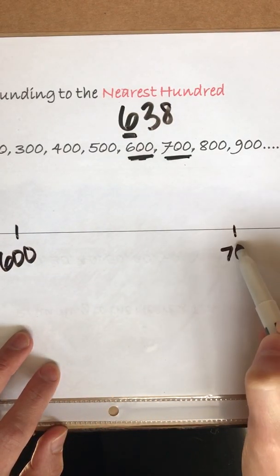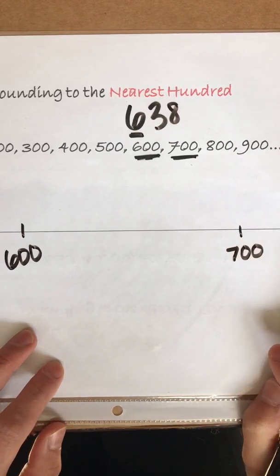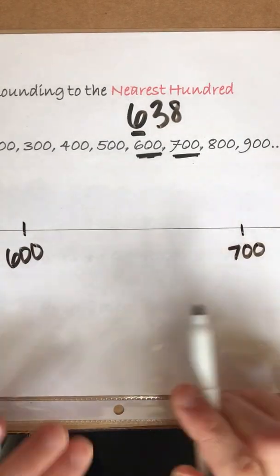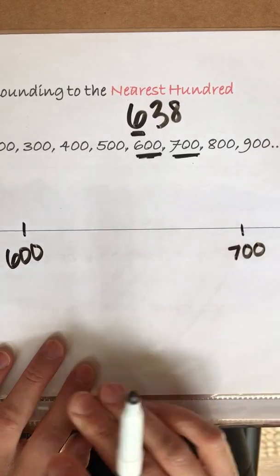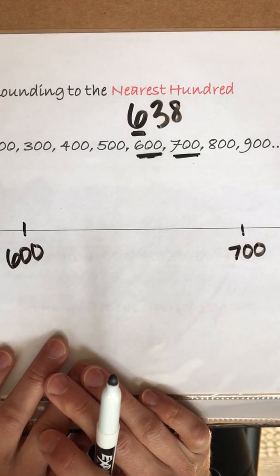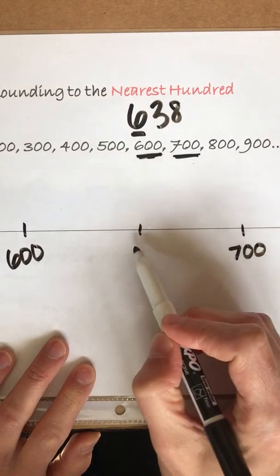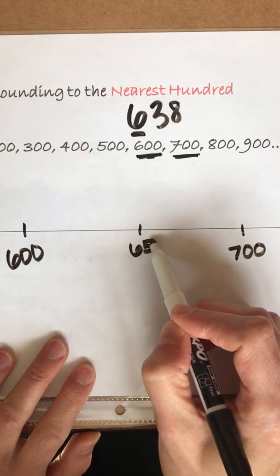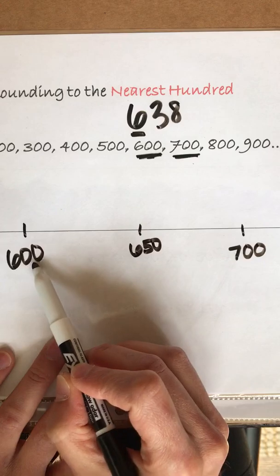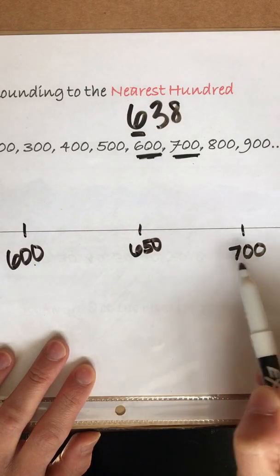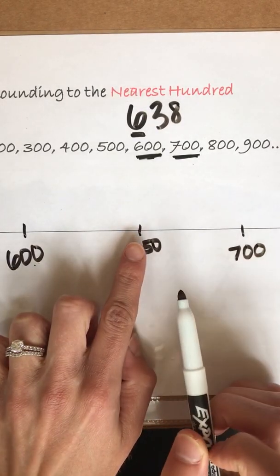Now friends, if I'm going too fast at any point, pause the video to give yourself time to catch up. So what number is exactly between 600 and 700? It's 650, right? Because we know that there's 100 between 600 and 700, and half of 100 is 50.